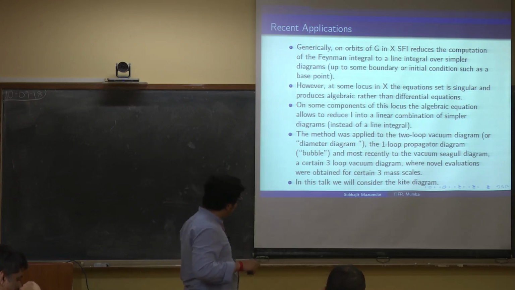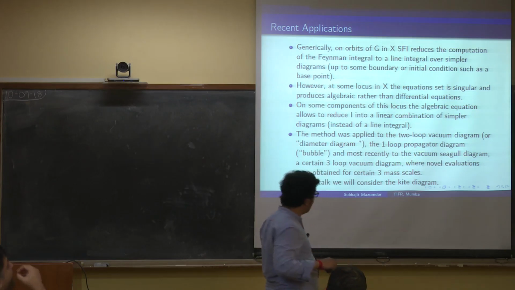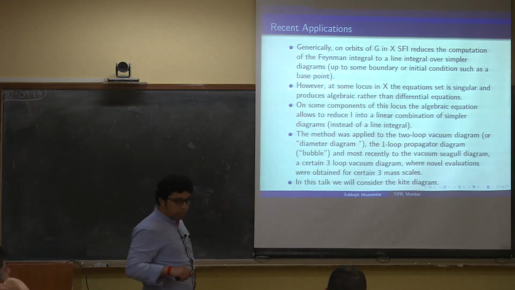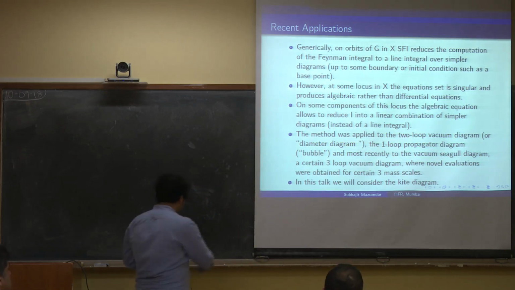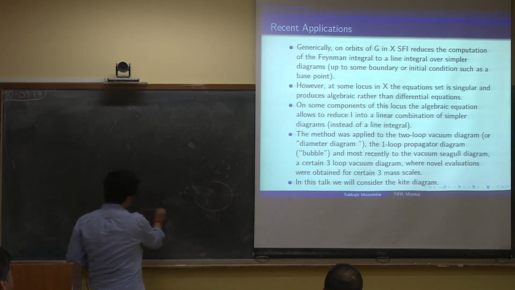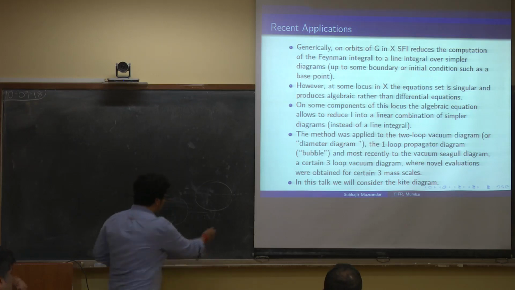Before this kite diagram, the SFI method was applied to simpler diagrams. For example, this diameter diagram, and this one loop propagator diagram, and a bit non-trivial, this vacuum Seagull diagram which looks like this.